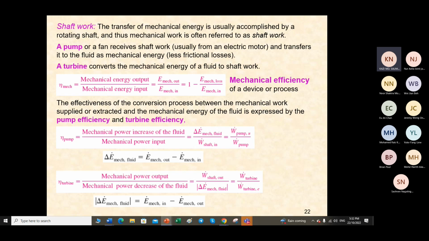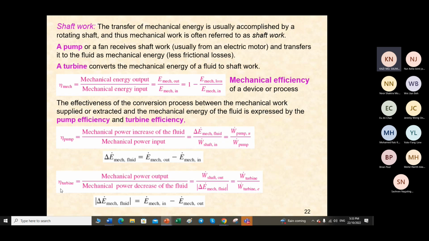So with it, we can write down eta turbine. Turbine efficiency is mechanical power output divided by mechanical power decrease of the fluid. So you see the cursor there, it is equal to W shaft out by delta E mechanical fluid.